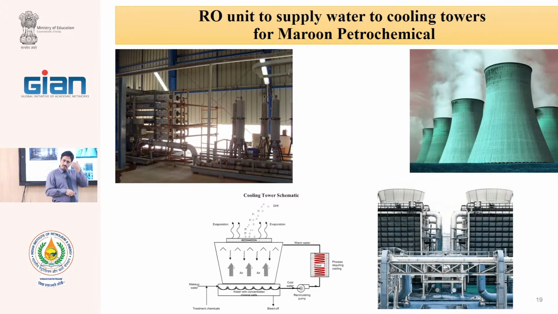Here you see in this case we have 18 pressure vessels. If each pressure vessel has 5 modules, we have 90 RO modules. This is a simple, small plant, but in every electricity production we have these RO units for desalination of this water.